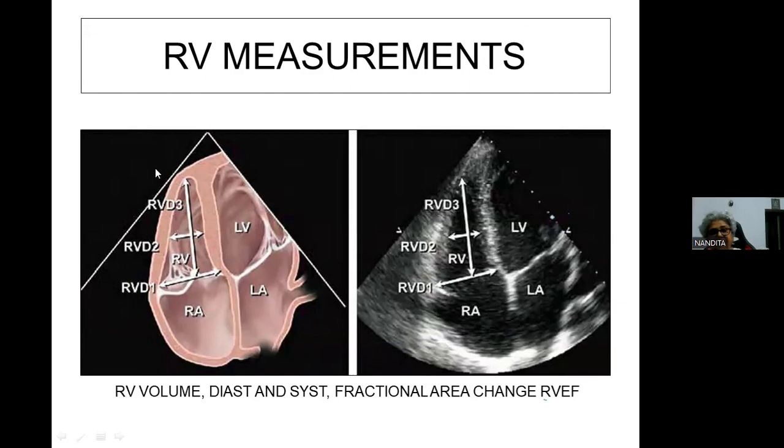Sir will demonstrate. You take the area of the right ventricle in end diastole. You take the area of the right ventricle in end systole. Two frames, both in the RV focused view.